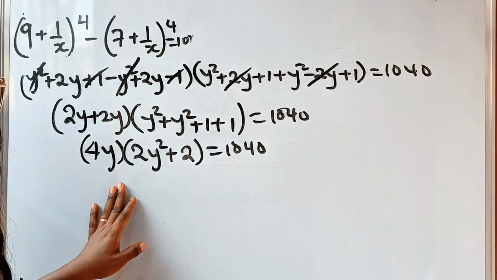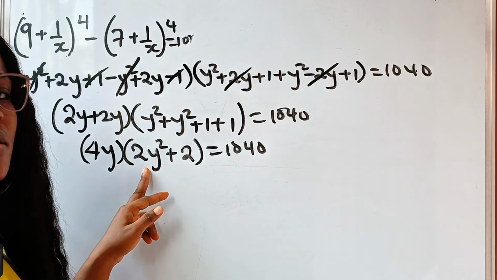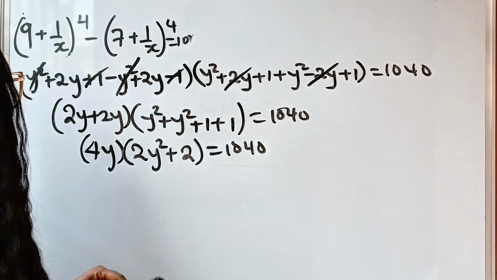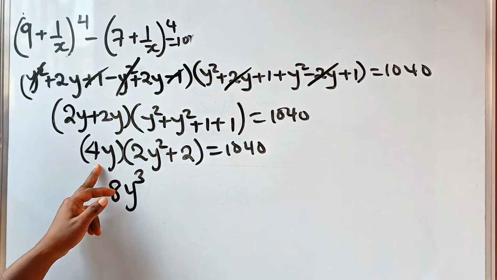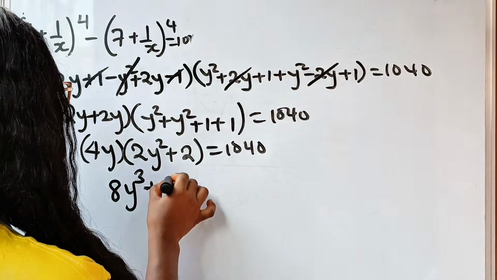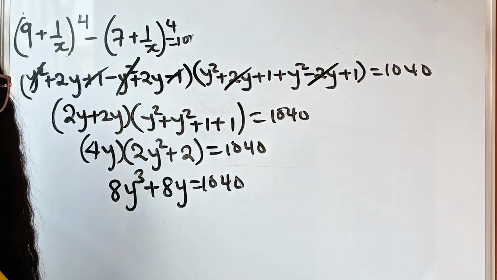Now remember that if we open this bracket, this is what we will have: 4y times 2y squared, which will give us 8y to the power of 3. 4y multiplied by 2 will give us plus 8y, is equal to 1040.